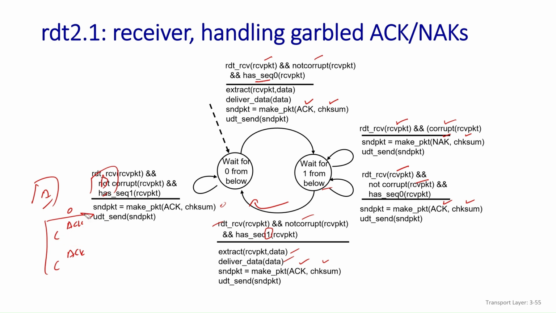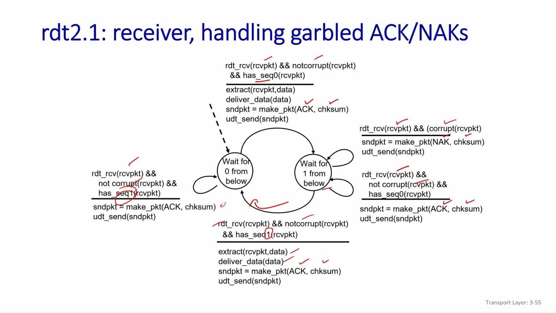The other state, which is wait 0 from below, right? For example, the event is that while we're in the state, we receive a packet, the packet is not corrupt, but it has sequence number 1. We are waiting for a packet having sequence number 0. Okay.